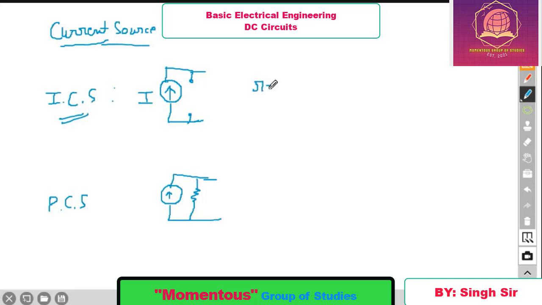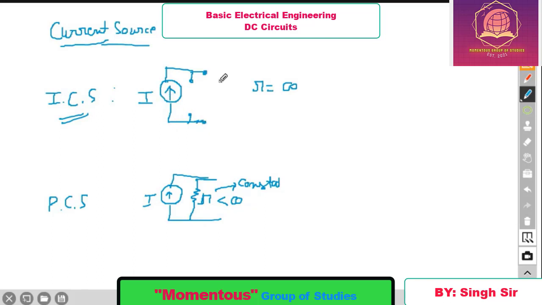Here the small r is infinite, and in the practical source this small r has a very large value, but there will be some value, less than infinite, a constant value. So this is the main difference between the ideal current source and the practical current source.